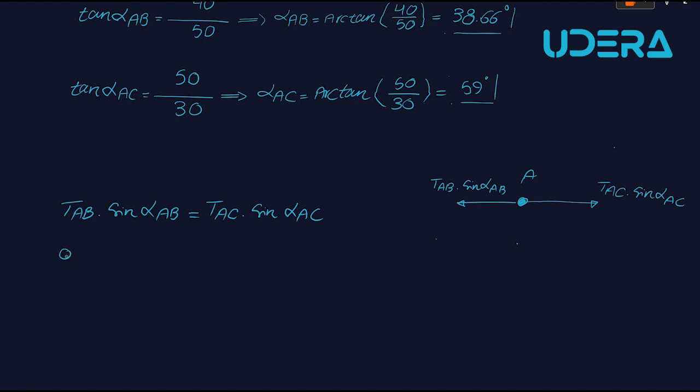TAB is known, it's 8 kilonewtons, times sine of 38.66 is equal to TAC times sine of 59.